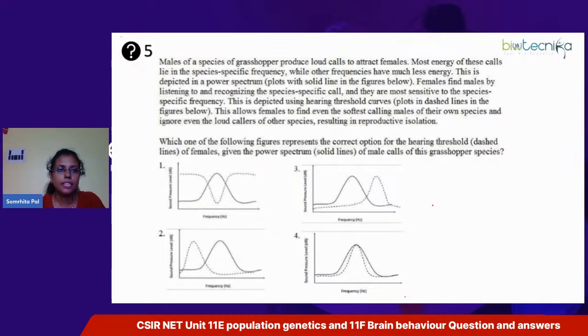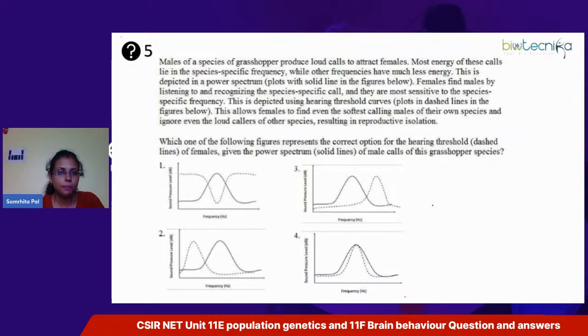This is depicted in a power spectrum, plotted with solid lines in the figures. Females find males by listening to and recognizing the species specific call, and they are most sensitive to the species specific frequency. This is depicted using hearing threshold curves, plotted in dashed lines in the figures below.